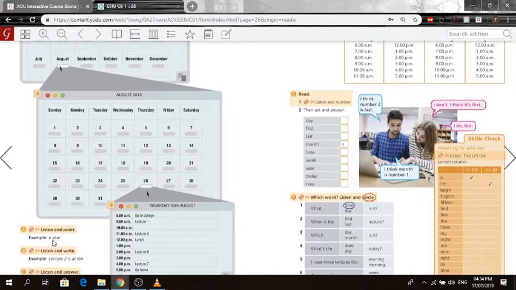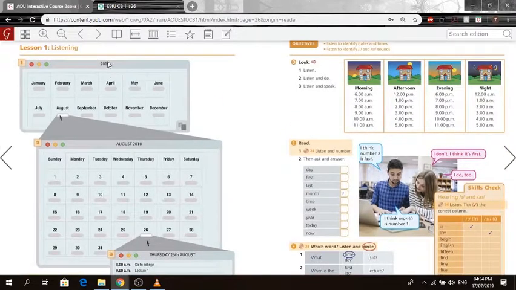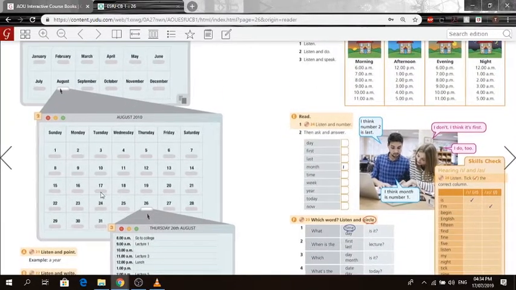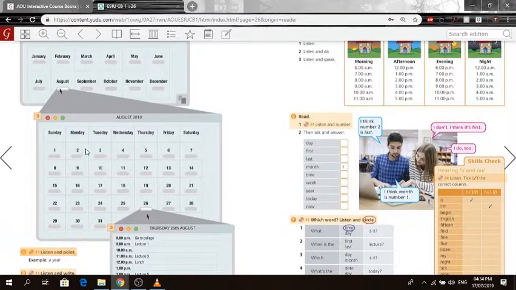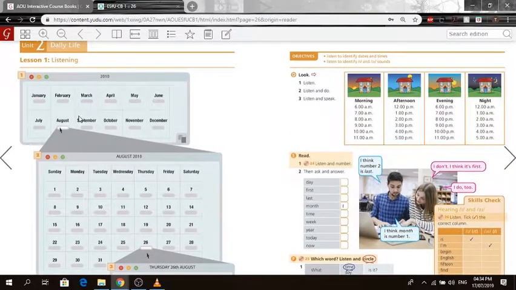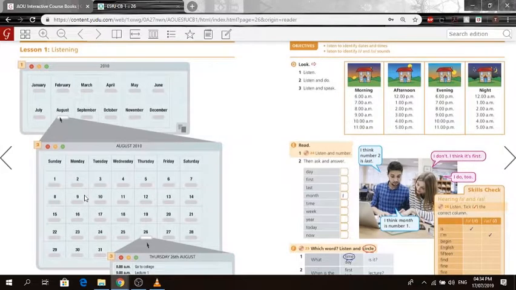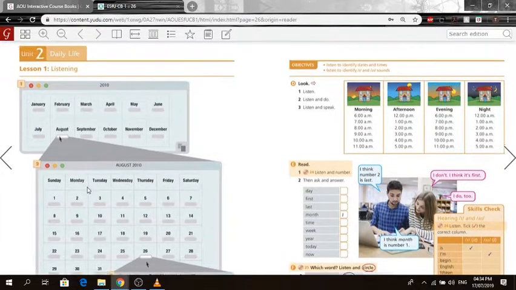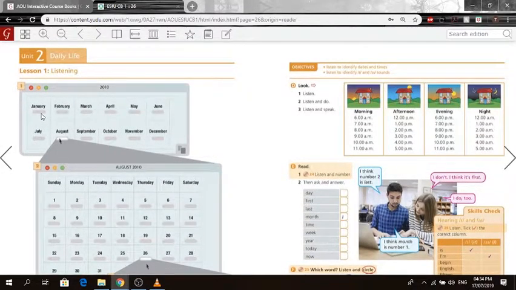The first one was obviously a year, so circle 2010, okay? The second one is a month, so you can go with any month over here, so March, April, or June, whatever you like, okay? The first month is January, so you can circle that.